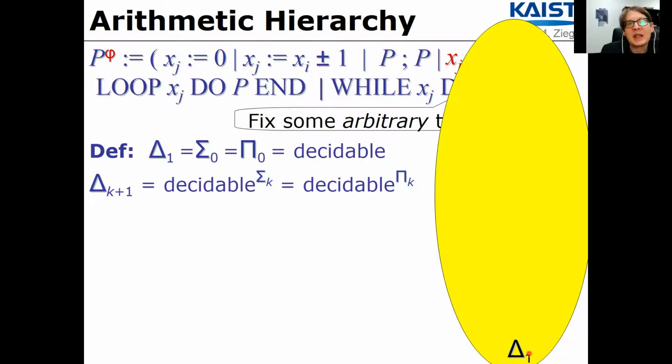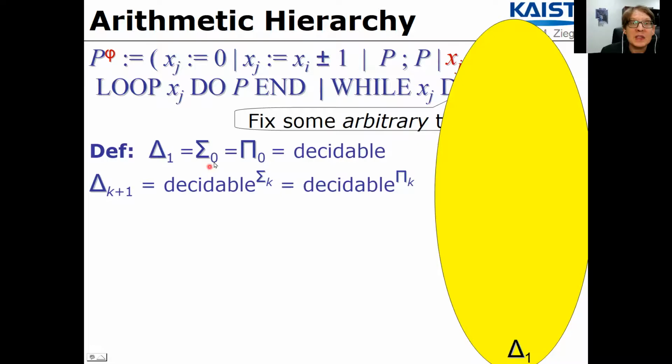So it's kind of an inductive definition, which you see here. Delta k plus 1 is defined to be those decision problems, subsets of natural numbers, that are decidable provided they have Oracle access to some problem in sigma k, where sigma k is in turn going to be defined inductively.